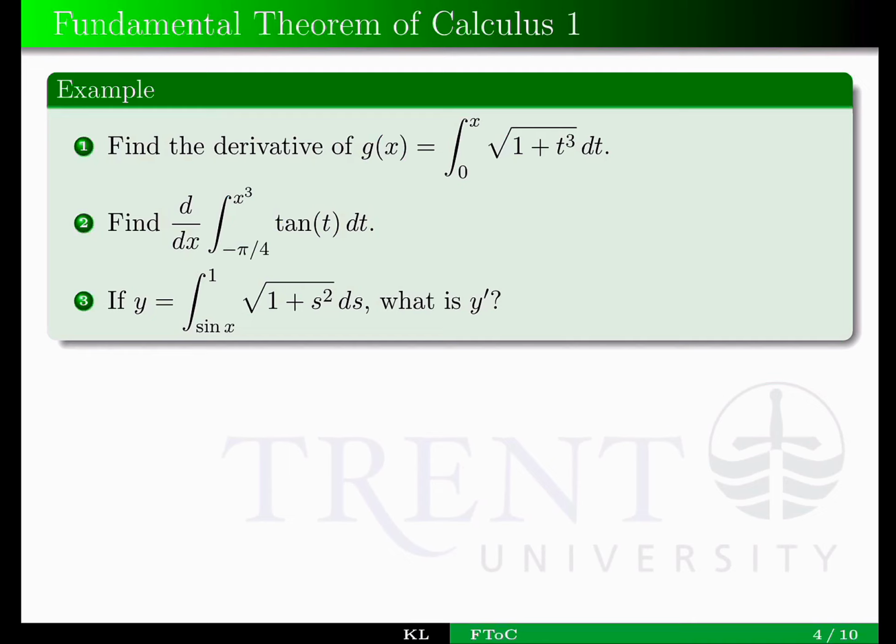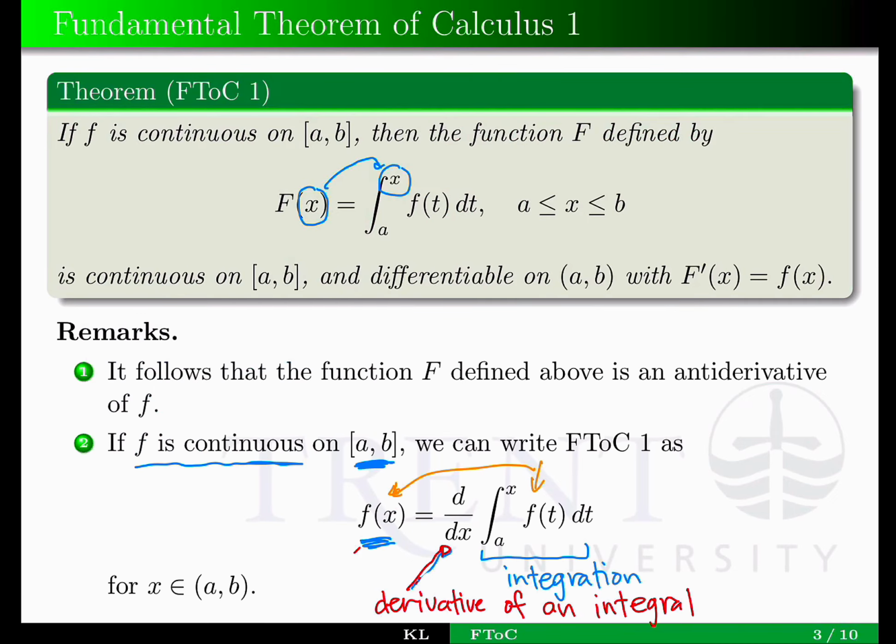So for the first one here, we want to find the derivative of g of x. This is our g of x. If we get the derivative, g prime of x will be equal to, if you look at this, the lower limit of integration is constant and the upper limit of integration is just a simple x. The Fundamental Theorem of Calculus Part 1 says that you just need to copy the integrand.